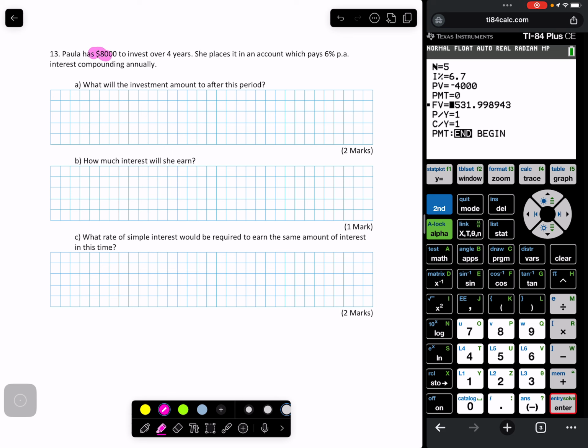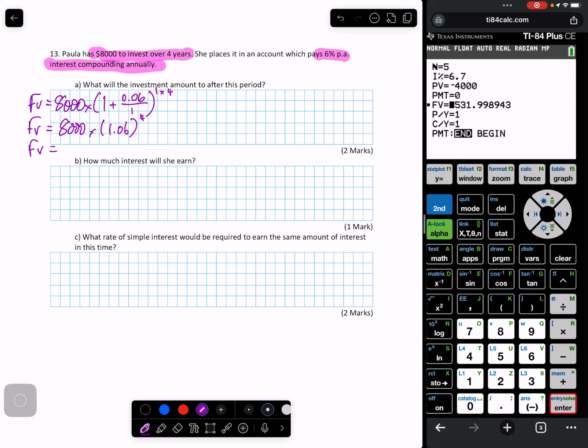Paula's got $8,000 to invest over 4 years, places it in an account which pays 6% compounding annually. What will the investment amount to after this period? Show you using the formula. $8,000 times by 1 plus the interest rate as a decimal, 0.06 over 1, compounding annually, to the power of 1 times by 4. Clean it up. $8,000 times by 1.06 to the power of 1 times by 4 is 4.